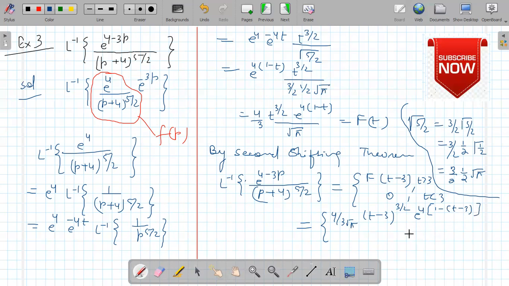Okay, and here we'll write t greater than 3 and 0 for t less than 3. Okay, so this is how we write our function in terms of g(t). This is g(t).